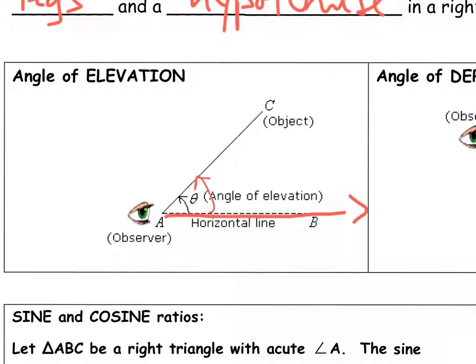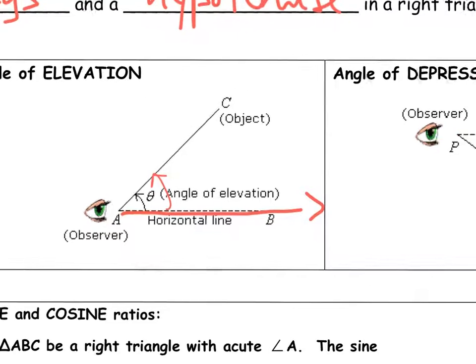If I'm looking at the top of a tree, maybe there's a cardinal sitting at the top of the tree, my angle of elevation to the top of the tree, I'm looking up. If I'm looking up a cliff, then I'm looking up. That's your angle of elevation.